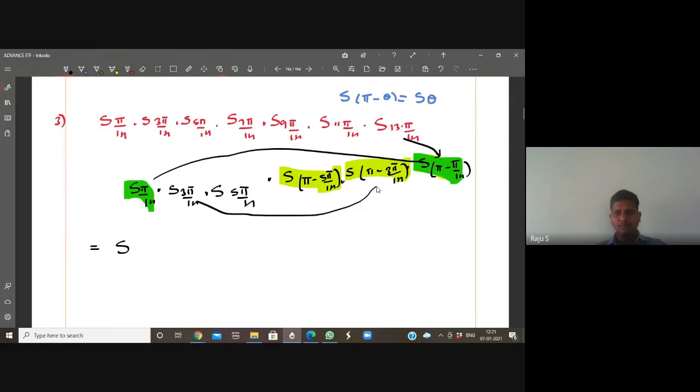These two will be same. These two will be same. Shall I write here (sin pi by 14, sin 3 pi by 14, sin 5 pi by 14) the whole square? Is that okay? Yes, sir. After that, I want to do one thing here.